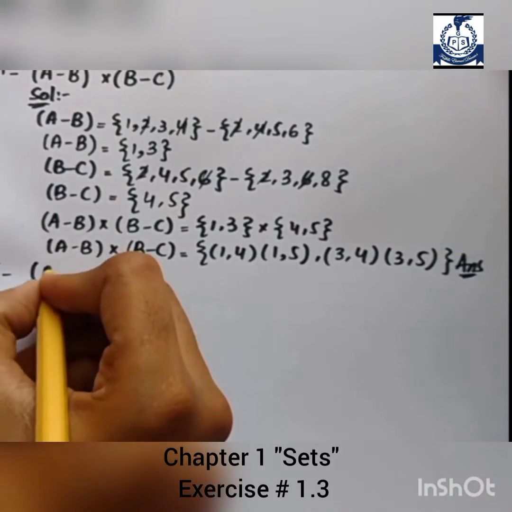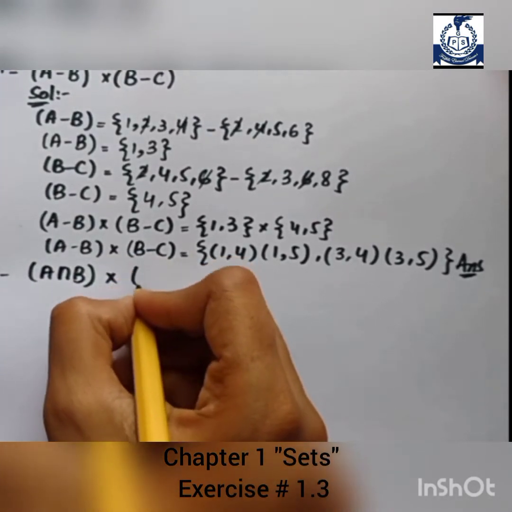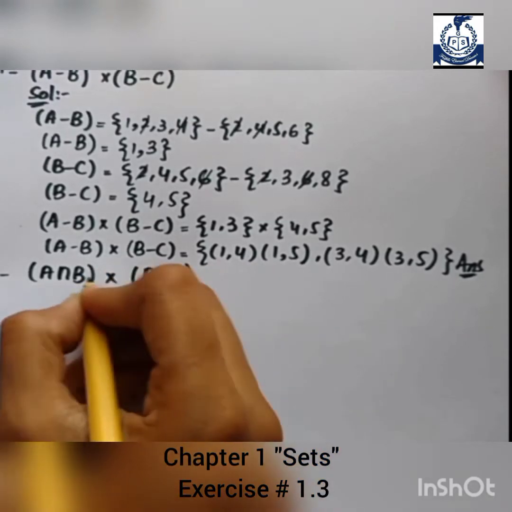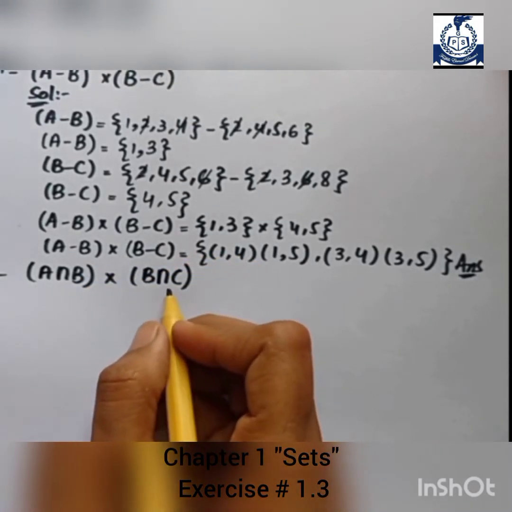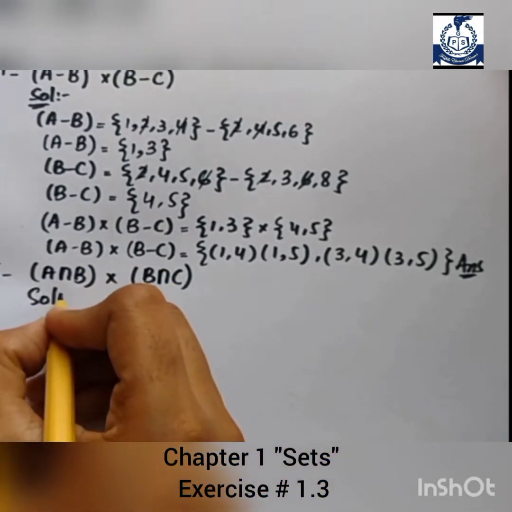Part number 2 is (A intersection B) Cartesian product (B intersection C). So first we find A intersection B, then we find B intersection C, and in the last we find the Cartesian product.